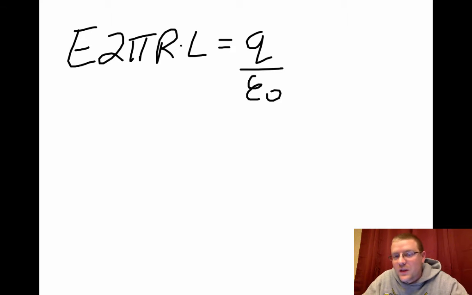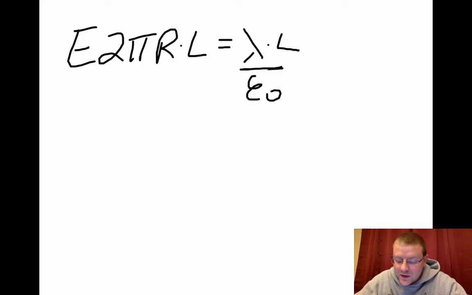So if I replace Q with our charge density, we'll have lambda times L over epsilon 0. And remember, L is the length of the Gaussian cylinder, and you can see the lengths cancel out, which means it doesn't matter how long you make your Gaussian cylinder, because it's an imaginary structure you came up with to find the electric field strength.